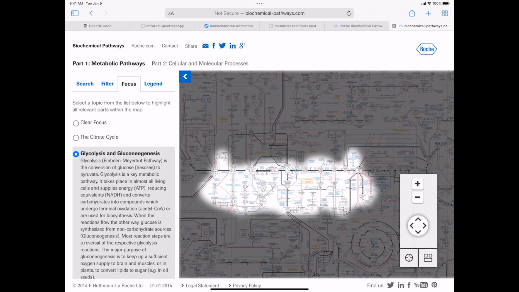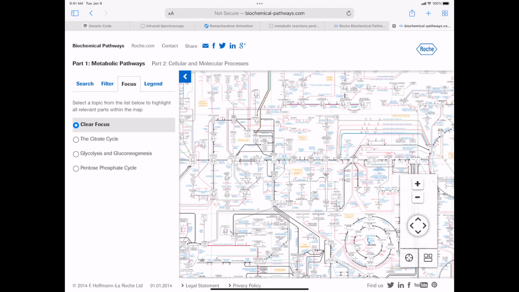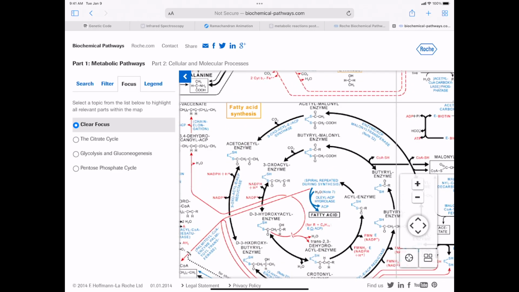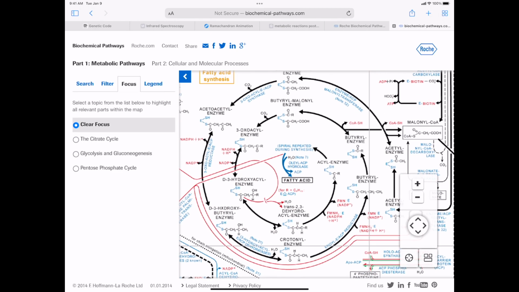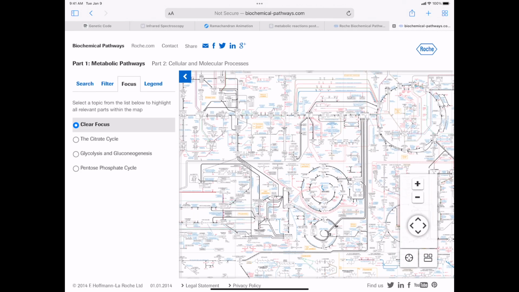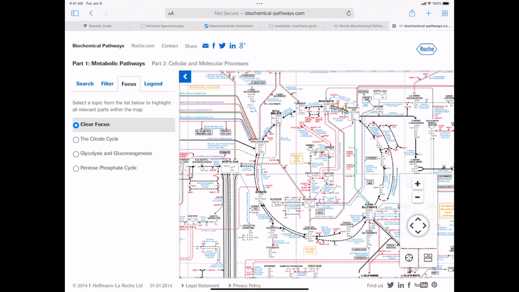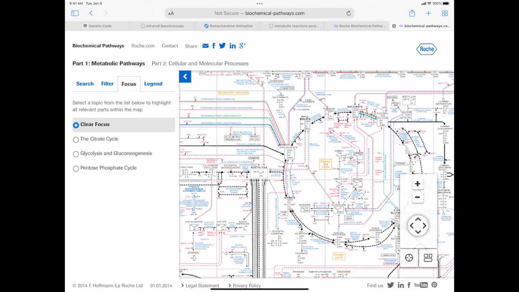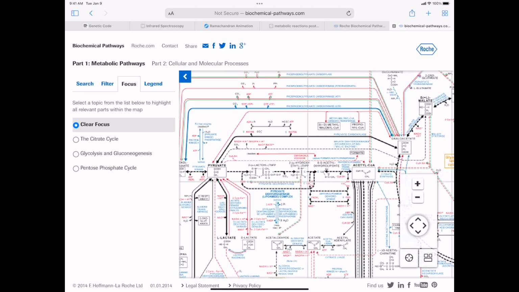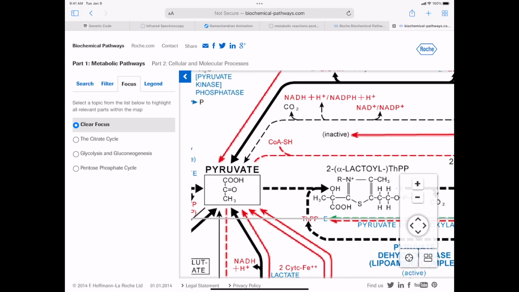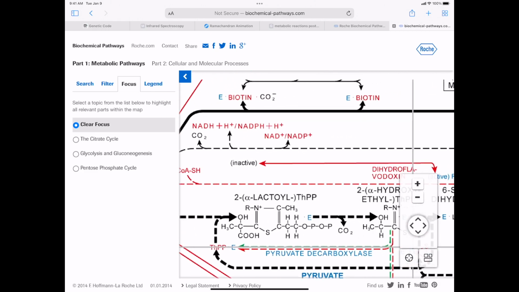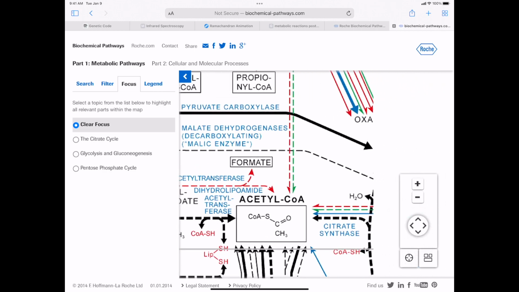But the cell is much bigger than that, and there's a whole bunch of other things going on. Fatty acid beta oxidation was there. And we're going to turn our attention soon to this lovely circle, which is called the citric acid cycle. Before we do that, there is a bridge between pyruvate and the citric acid cycle, which we need to talk about.